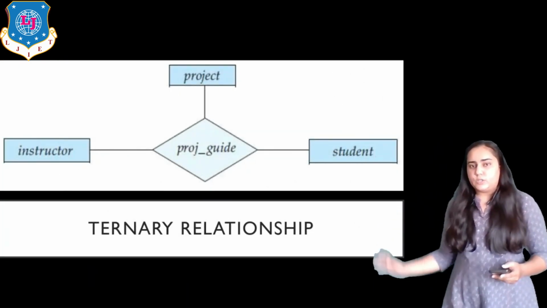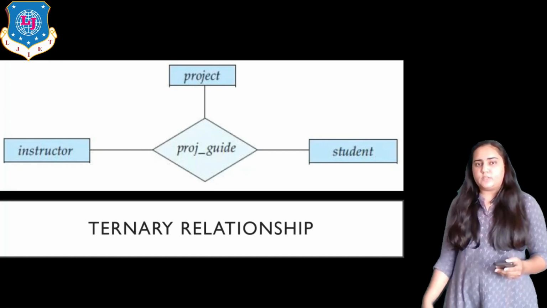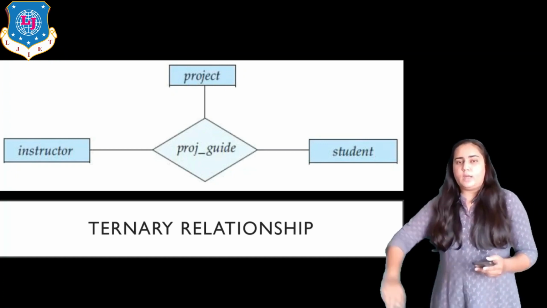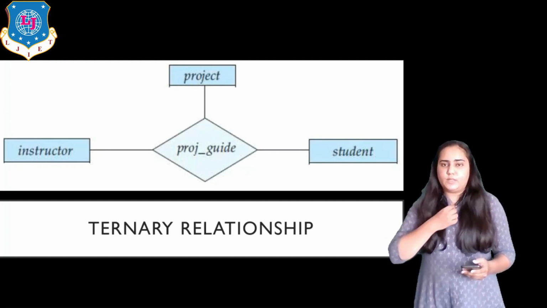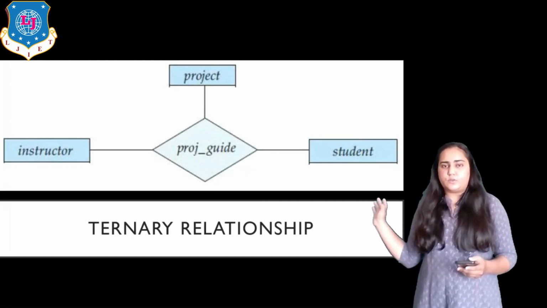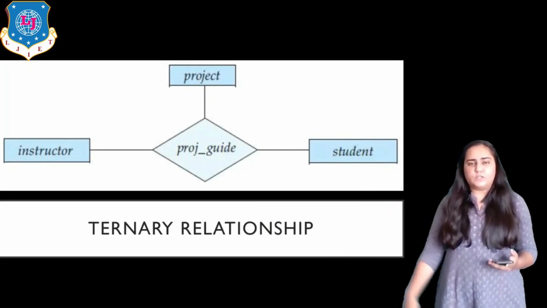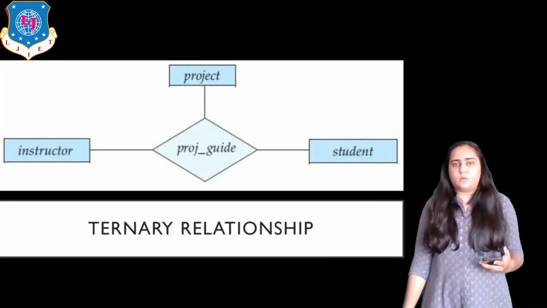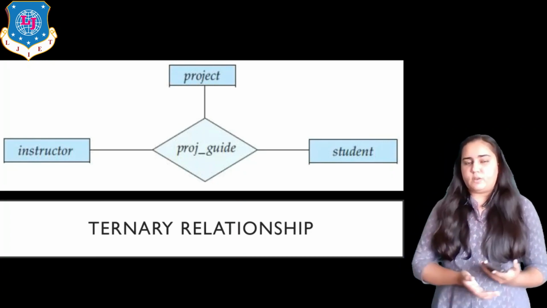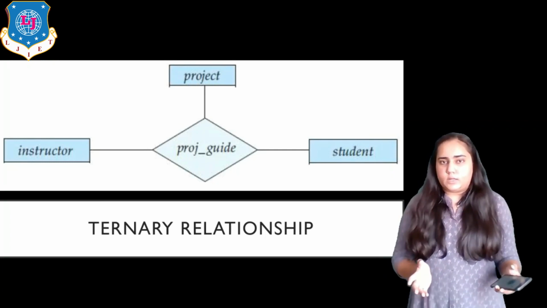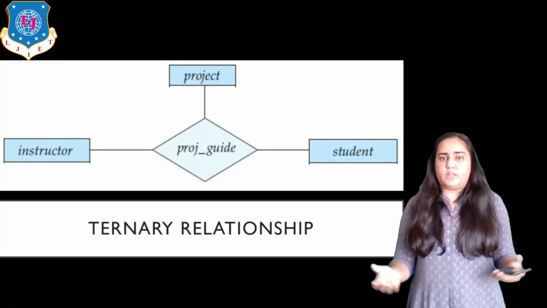There can also be a ternary relationship, as you can see, between instructor, student, and project. And the relationship between them is called project_guide. Now, you don't have to always have a name for the relationship. You can name it whatever you like. And if you cannot come up with a name, you can just combine the names of the entities and form the name of a relation.